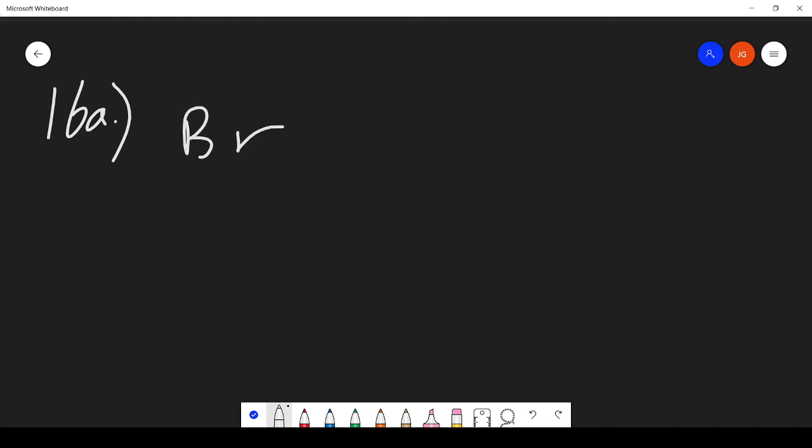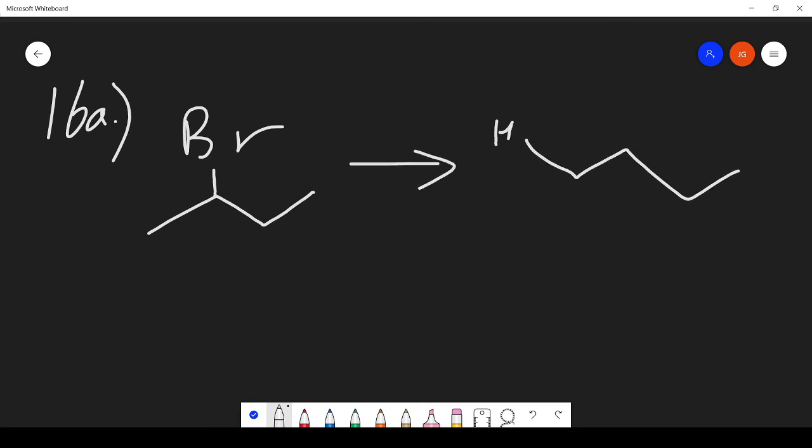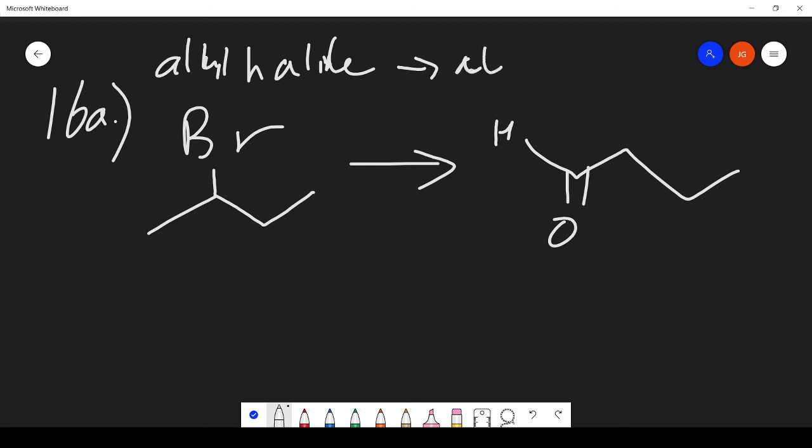Okay, this one, again, we're starting off with an alkyl halide, and we want to convert it into an aldehyde. So, alkyl halide to aldehyde.